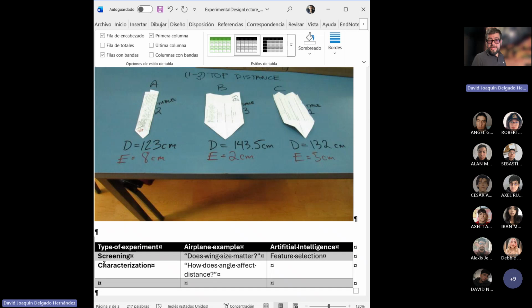Okay, for instance, I could choose 10, 20, 30, 40, 50, and so on. Okay, they are more separated in order for me to determine whether there is a difference in the distance based on the angle that I am throwing the airplane. So this can help me. This is a learning function.